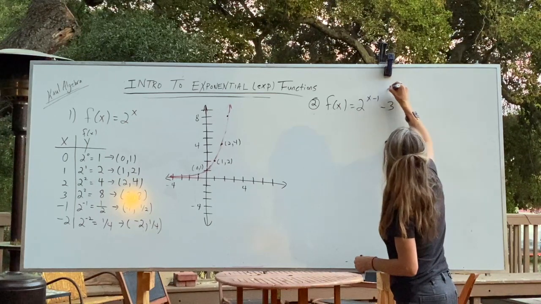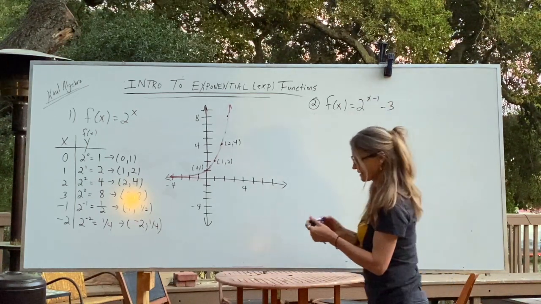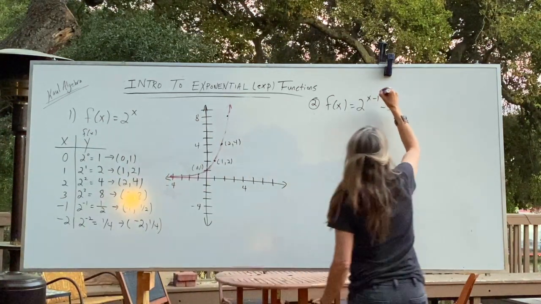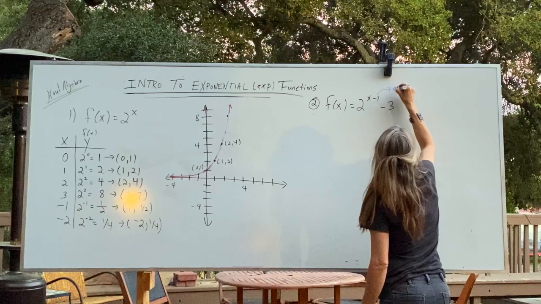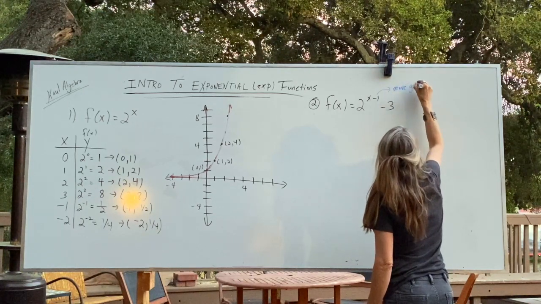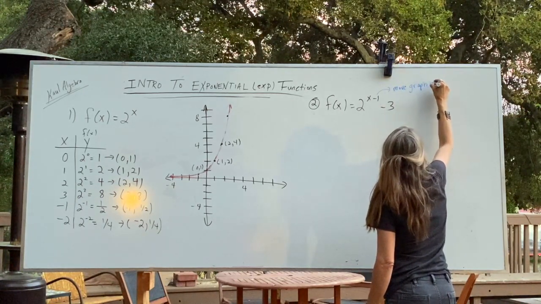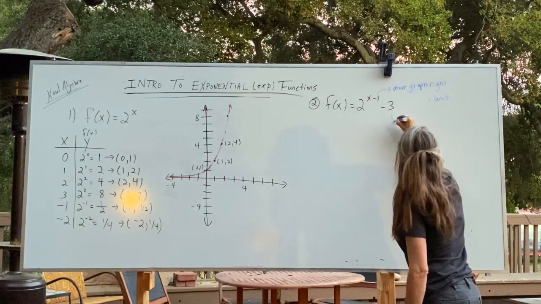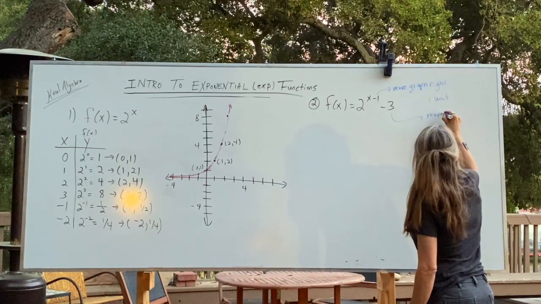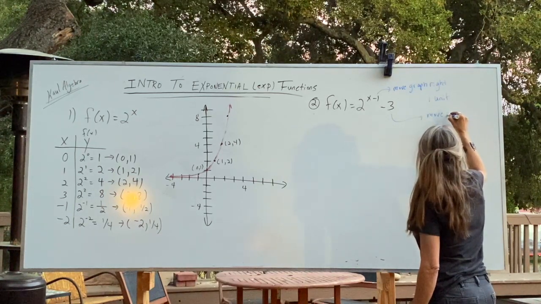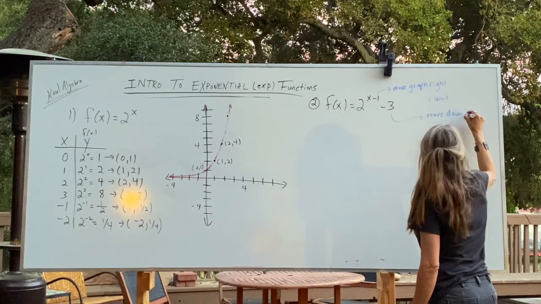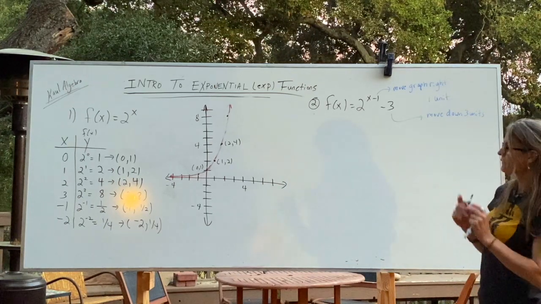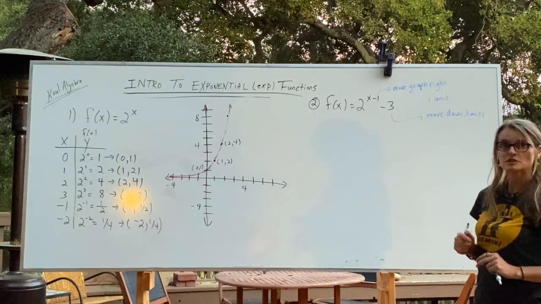So this minus 1 in the exponent will move the graph right 1 unit, and this minus 3 will move down 3 units. Okay, so we can move our graphs around our parent exponential function by adding and subtracting numbers.